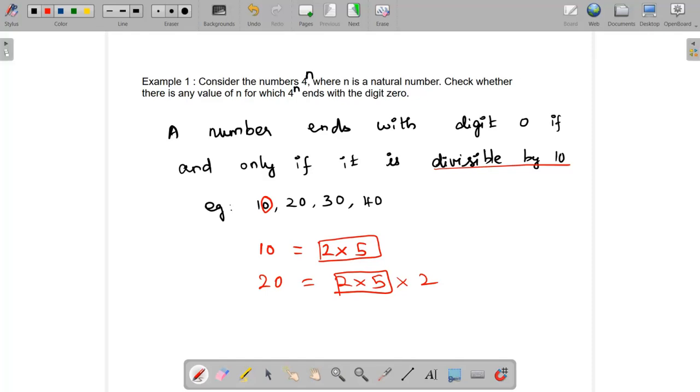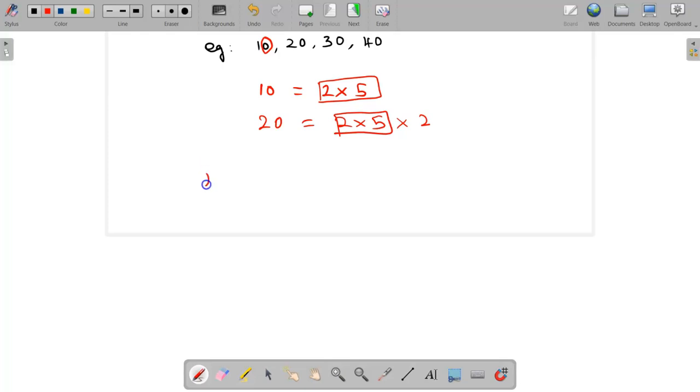So coming to the question, they have given 4 power n. 4 power n I can write as 2 into 2 the whole power n. Again this I can write as 2 power 2 the whole power n. When you observe this, I have only the prime factor 2, I do not have the prime factor 5.